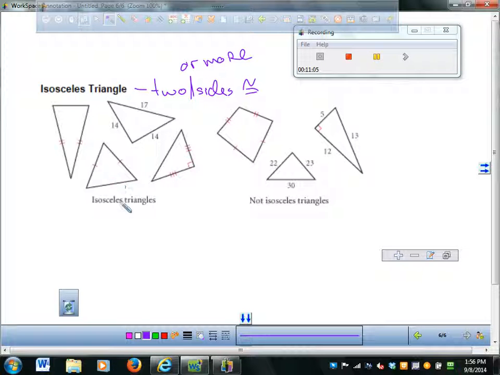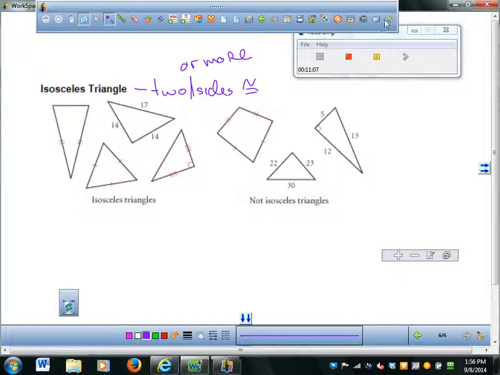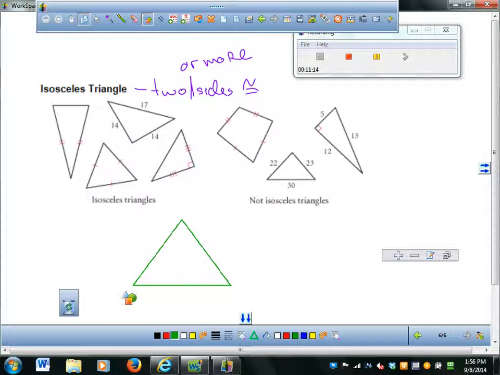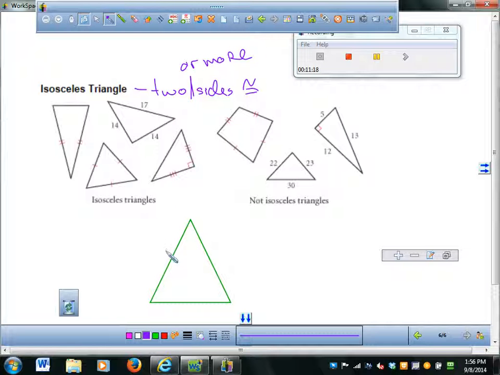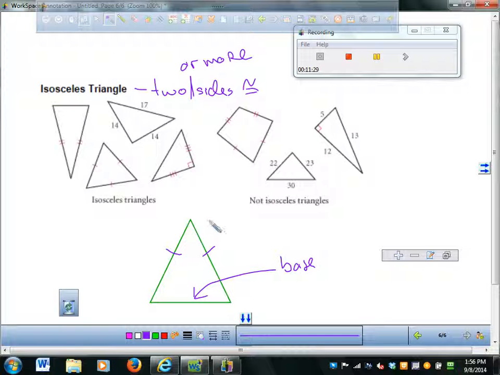So isosceles triangle. And furthermore, when they draw an isosceles triangle, I'm going to draw this one. Here's one. I'm going to mark this up. This bottom piece is called the base, regardless of its actual orientation.